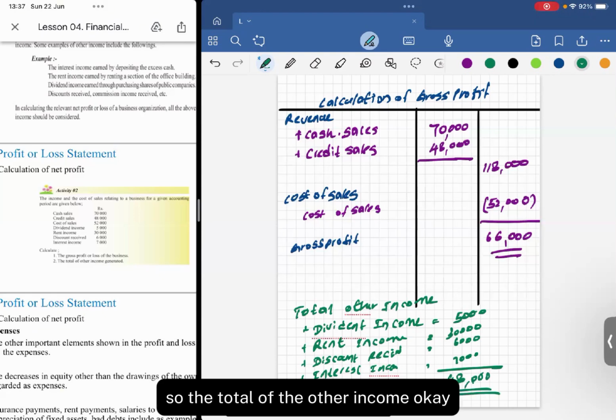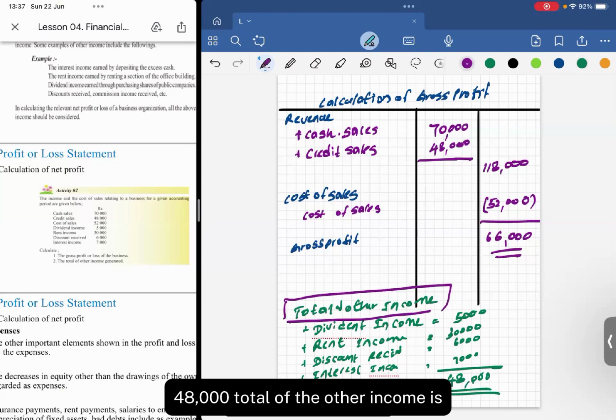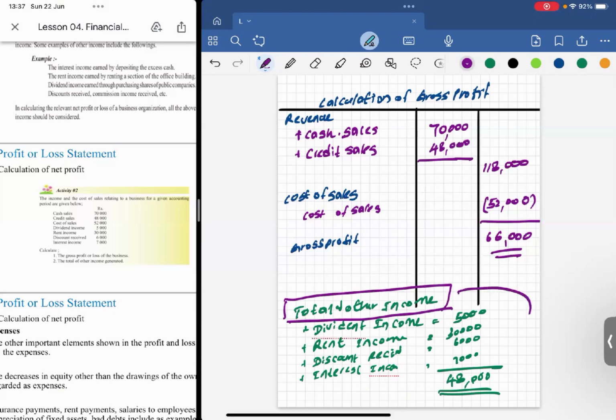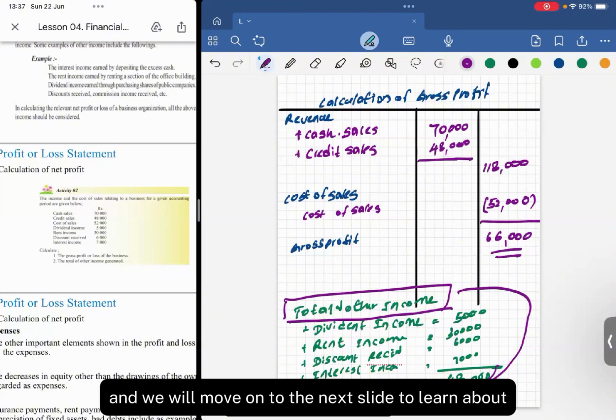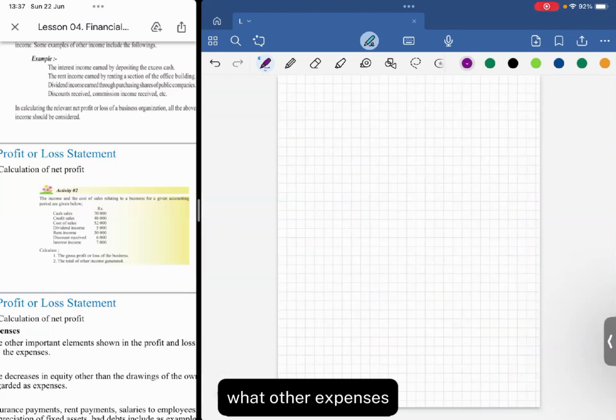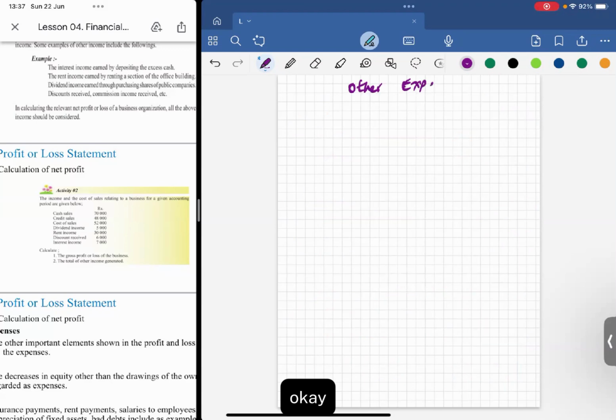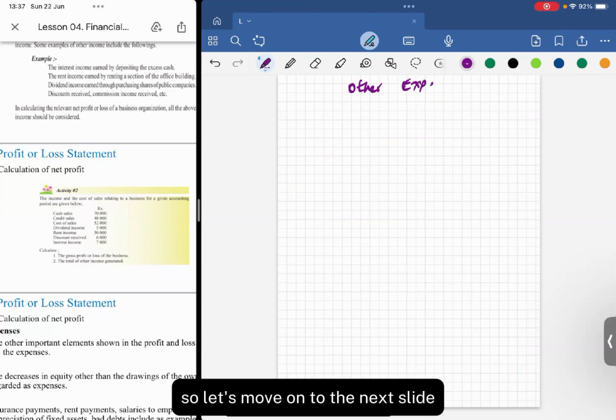So the total of the other income is 48,000. With that, we conclude that question, and we will move on to the next slide to learn about other expenses. Let's move on to the next slide.